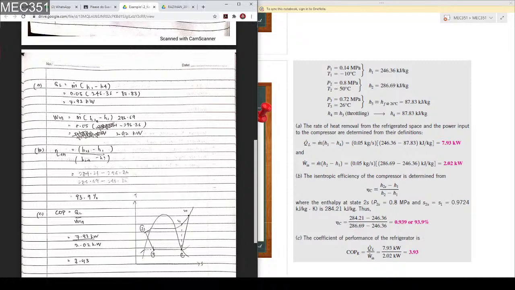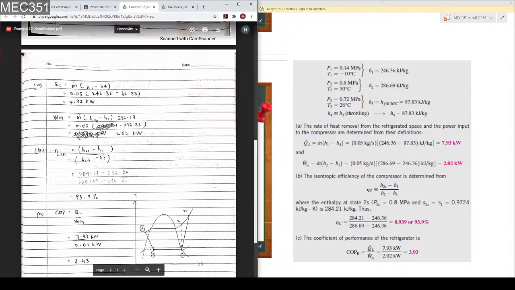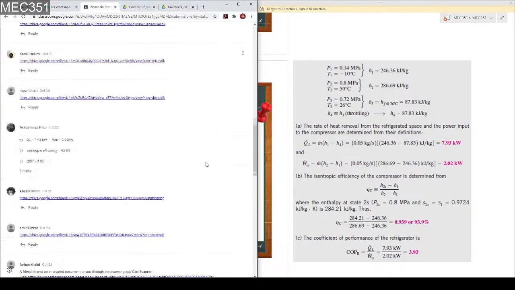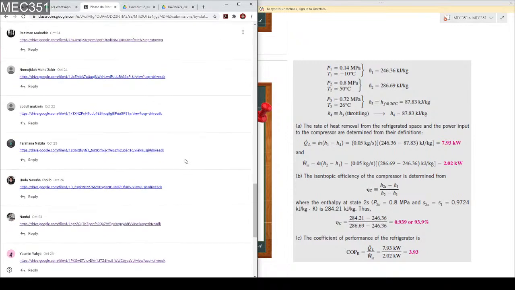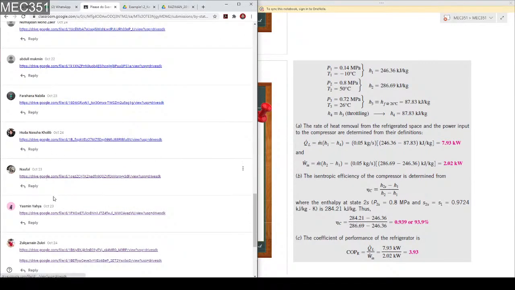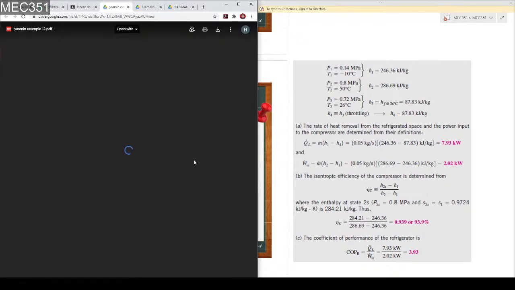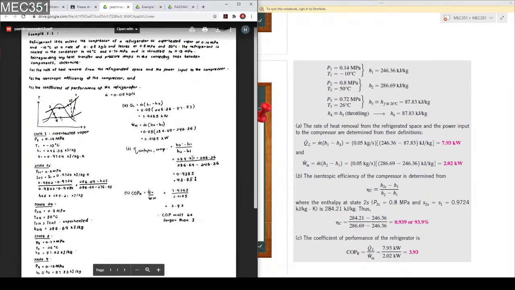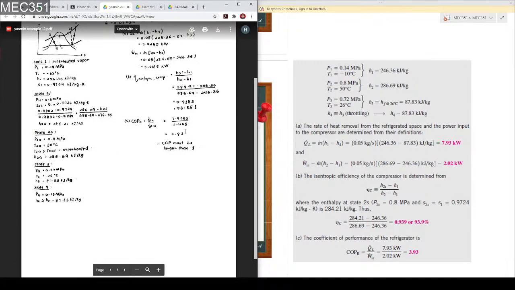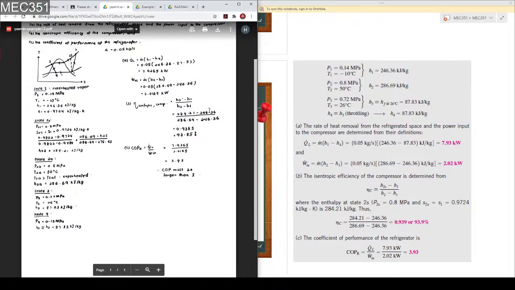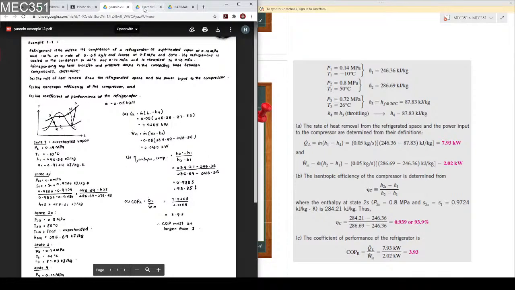Work in and heat removal are also correct. Okay, nice. Naufal Yasmin Yahya. Okay, Yasmin. Okay, nice. Everything is correct. So that's all for example 1.2.